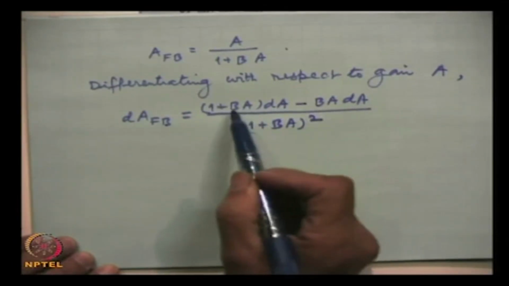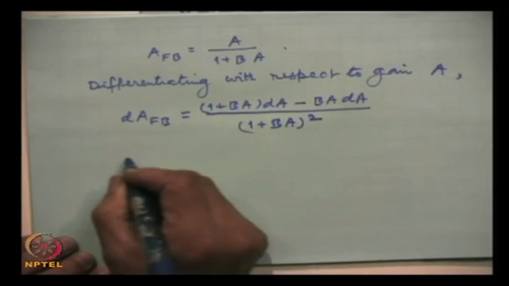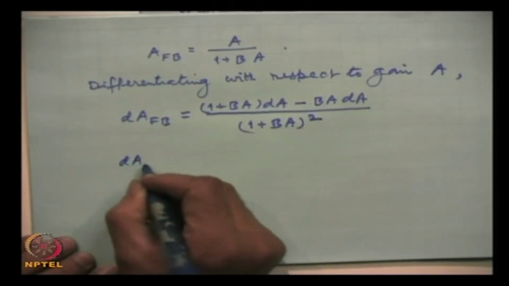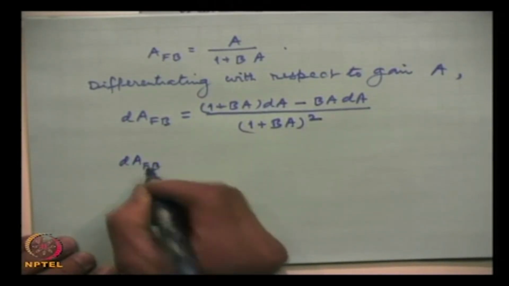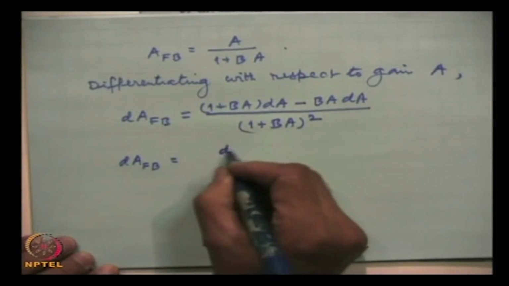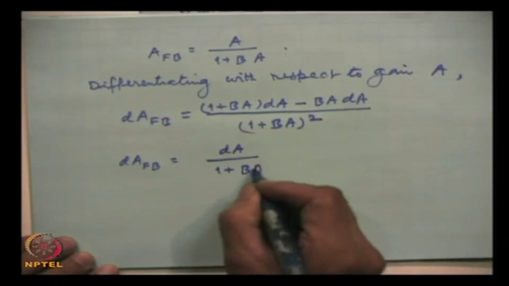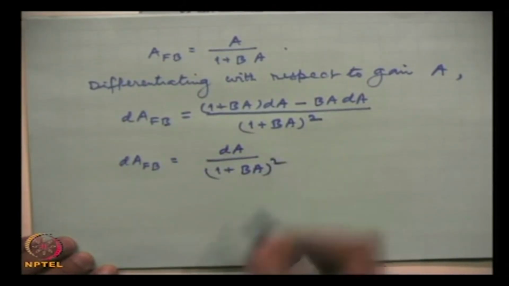If we open it, then this term cancels and we are left with dAFB equal to dA by (1 plus BA) square.